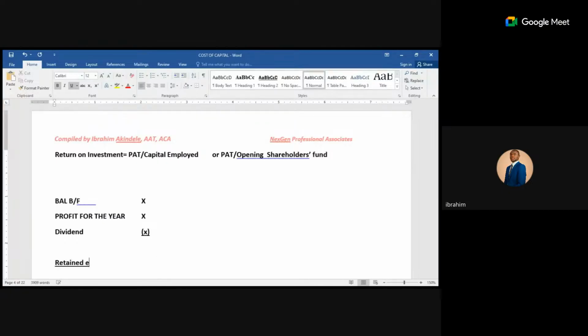Now, you can agree with me that this balance brought forward here is the retained earning for the previous year.